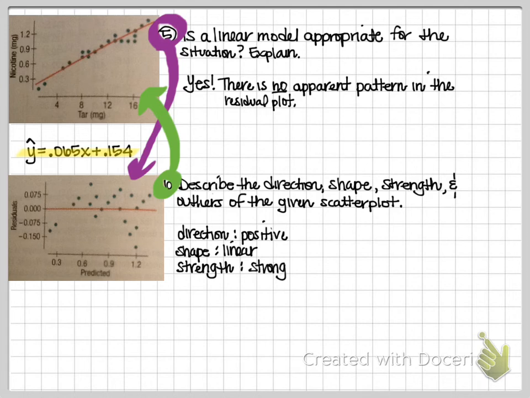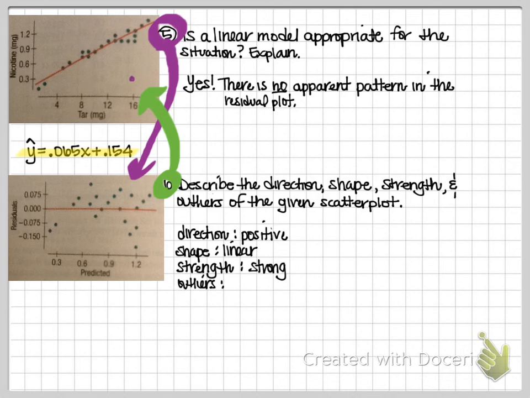And then outliers. Outliers, again, from the scatter plot, are going to be things that look like they're not following the trend. If you take a look back up at the scatter plot, I'll give you an example of what I mean. I'm going to put the point in purple so you guys can see it.